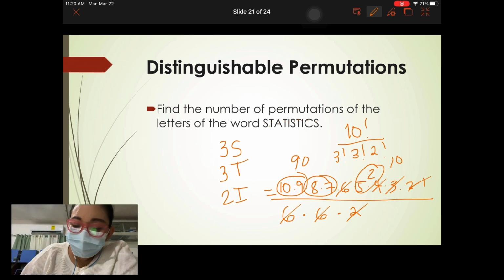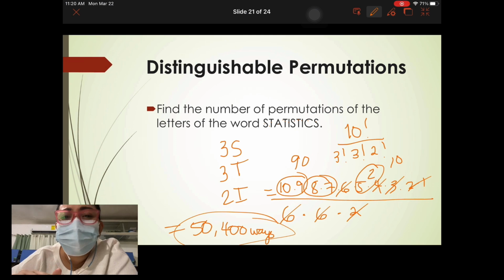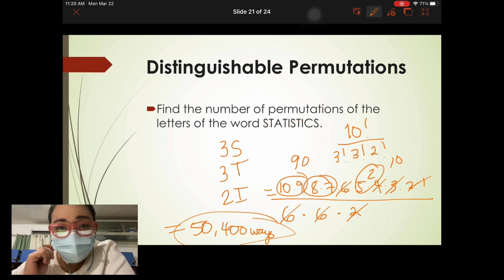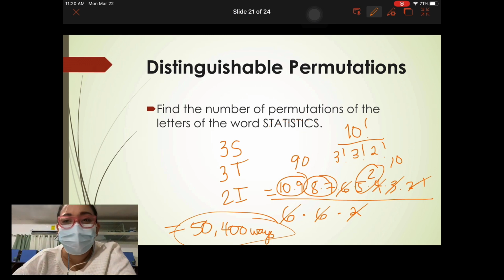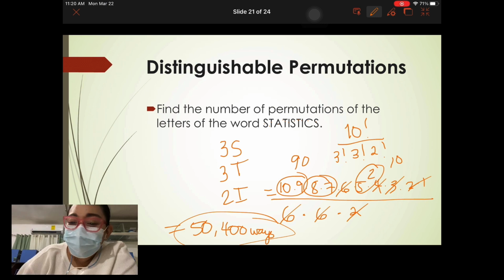That's a total of 50,400 ways. Sabihin niyo, ma'am, bakit napakarami niyan? 10 letters tayo. So, marami talaga siyang possible combinations. Or sorry, permutations. Okay? Alright.